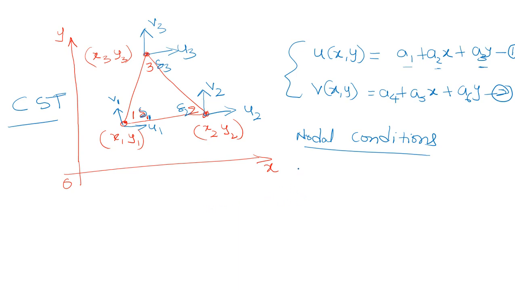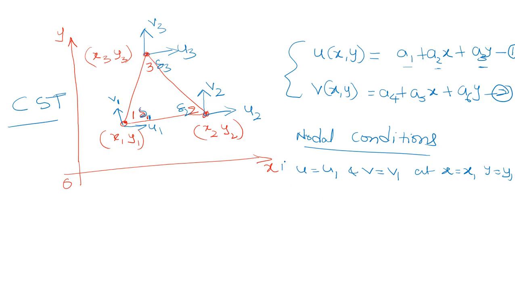Now u is equal to u1 and v is equal to v1 at x equal to x1 and y equal to y1. At node 1, these are the nodal conditions.